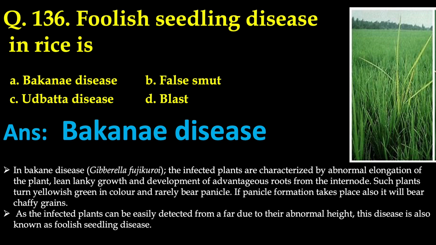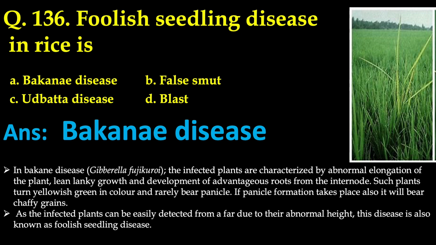Then another option, that is blast, which is caused by Magnaporthe grisea. It is also known as rice blast fungus, rice rotten neck, rice seedling blight, leaf blast, oval leaf spot of gramineae, pitting disease, ryegrass blast, Johnson spot, neck blast, twig blast, then imochi.